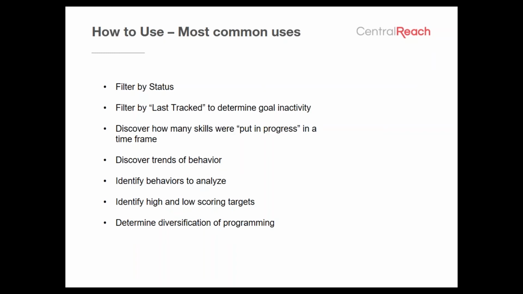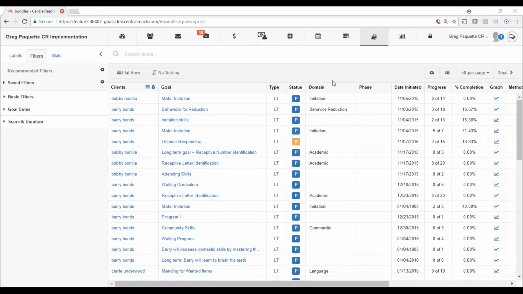Once I stop the PowerPoint and dive in, you'll be able to see how to use this. We've also added new sorting functionality, in addition to the filtering functionality. And we've added stats, some graphics that will depict your rate of acquisition and the diversification of your programming. So that's a little bit of a difference in the updated goal list.